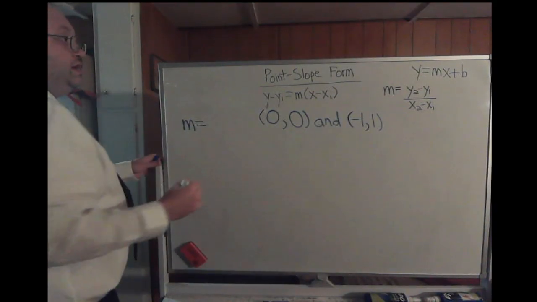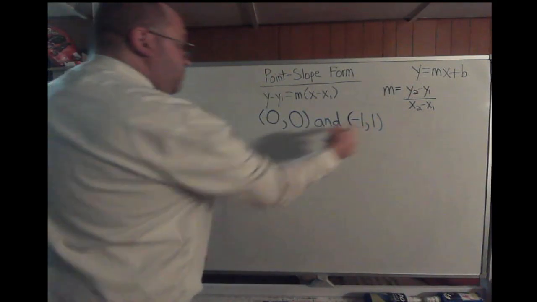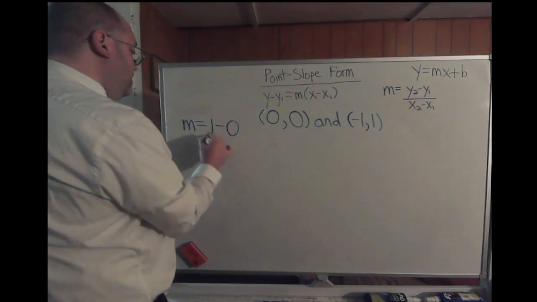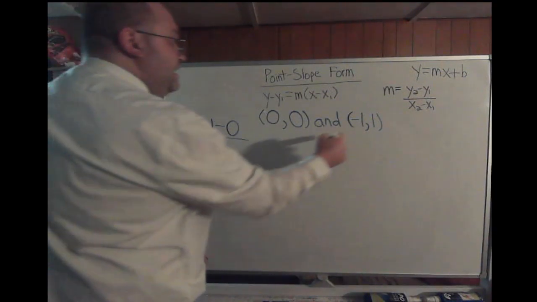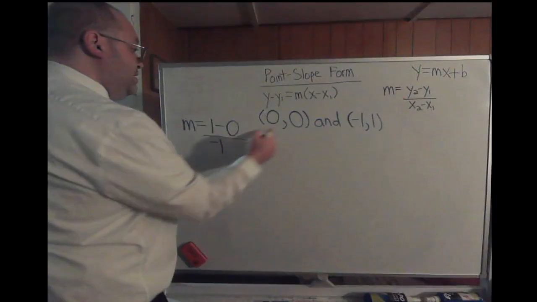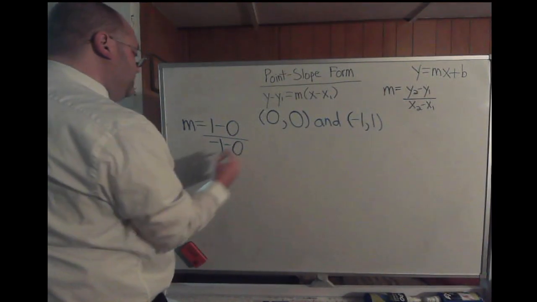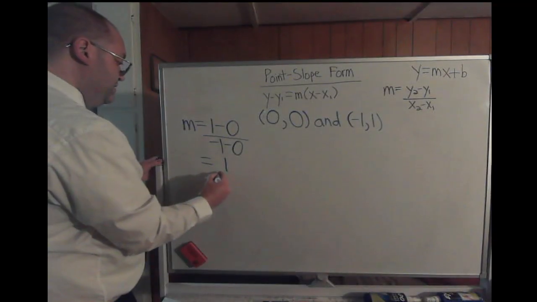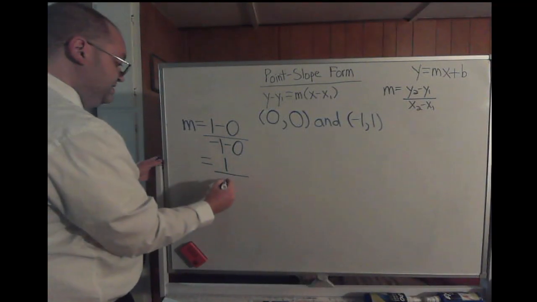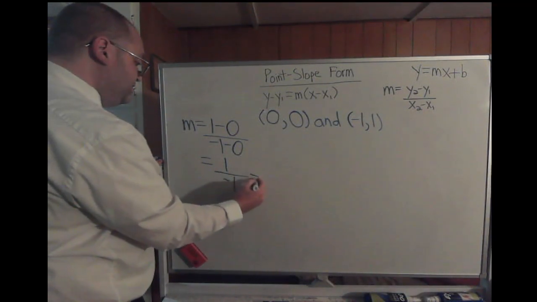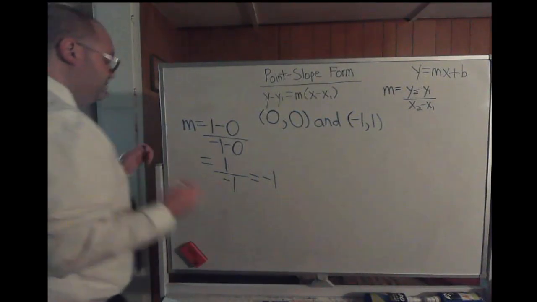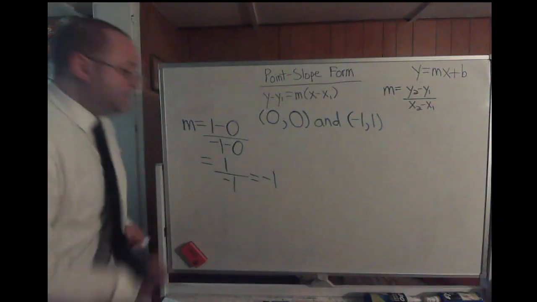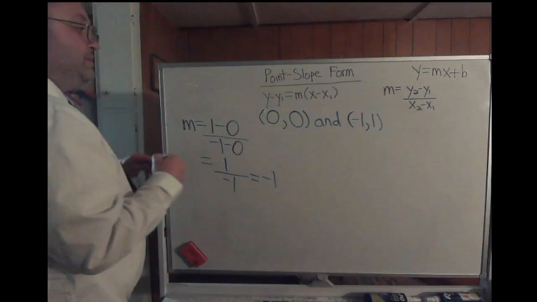So we'll make y2 that 1, so we'll have 1 minus the 0 for the y1 over x2, which would be that negative 1, minus 0 for the x1. Well, the numerator 1 minus 0 is 1. The denominator negative 1 minus 0, that's negative 1. So your slope would just be negative 1. So we found our slope.